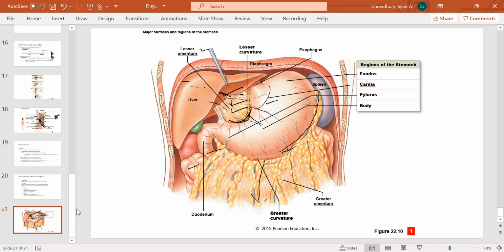So you see here, this is your liver, this is your stomach inside the abdominal cavity.